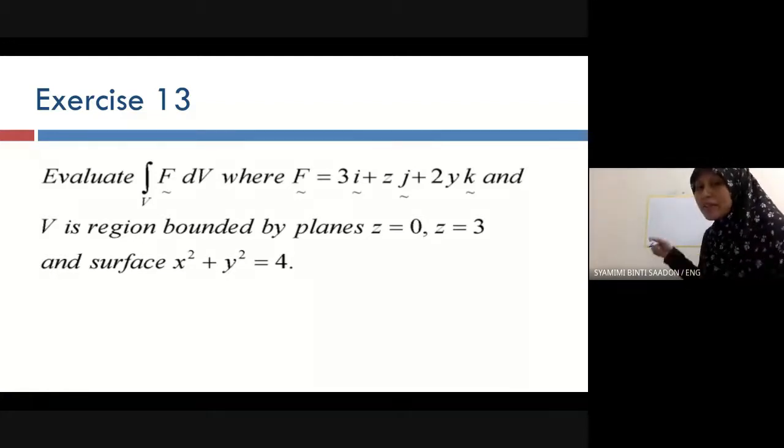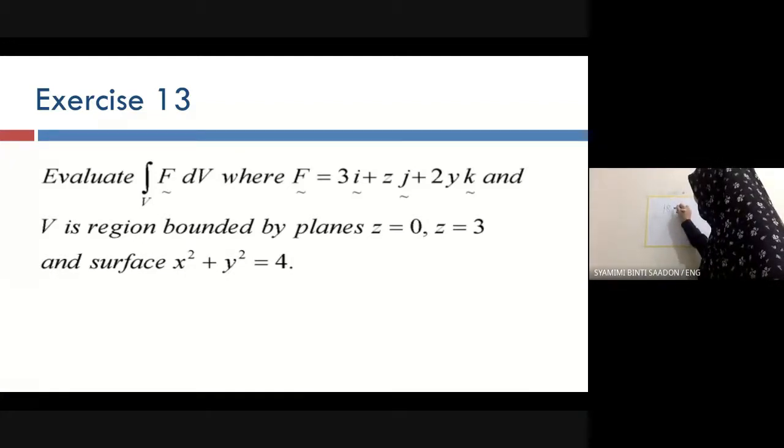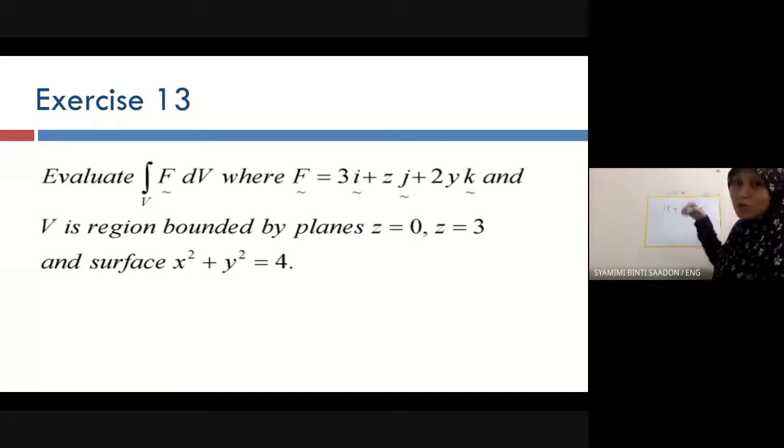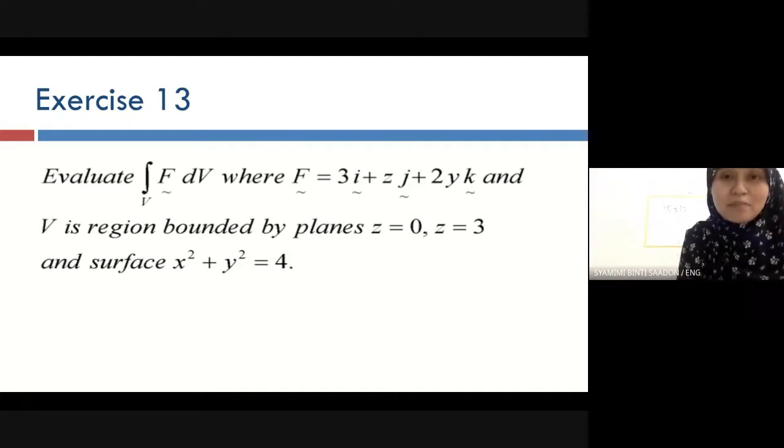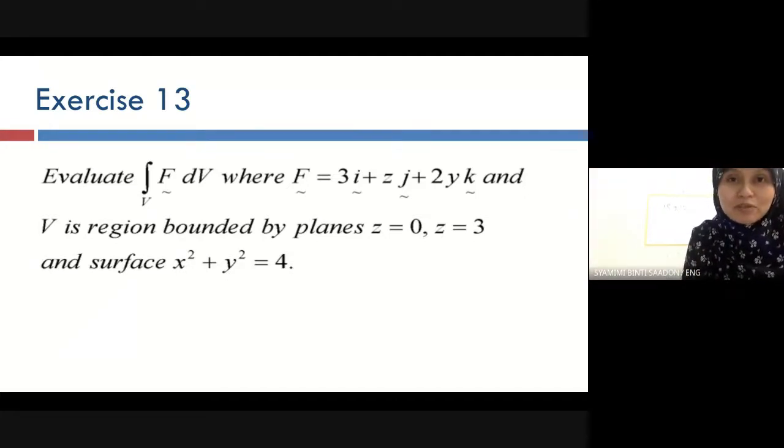So for 13, the answer is 18 pi, or you can write it as pi times 2i plus j. Okay, so the same as the example just now.